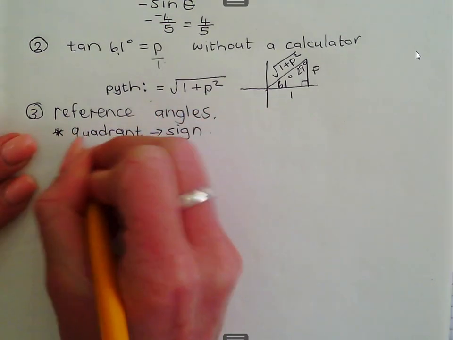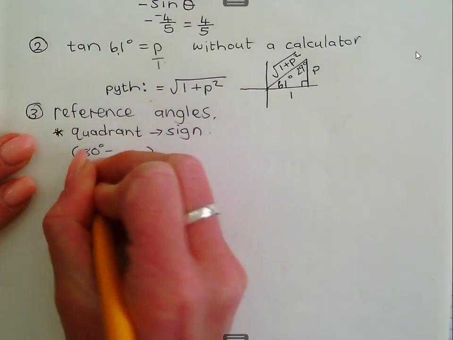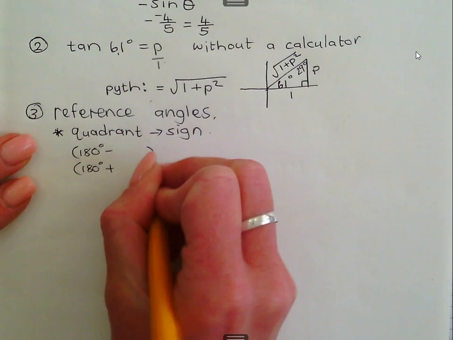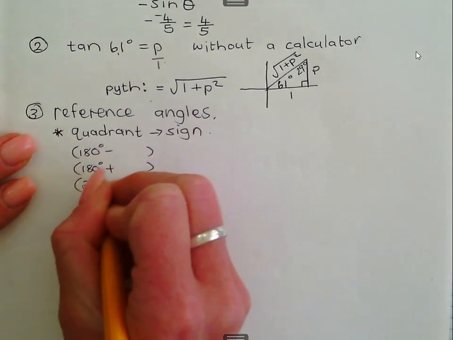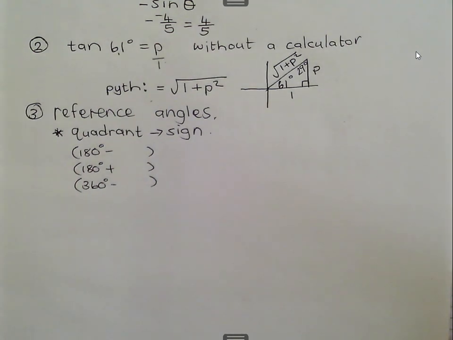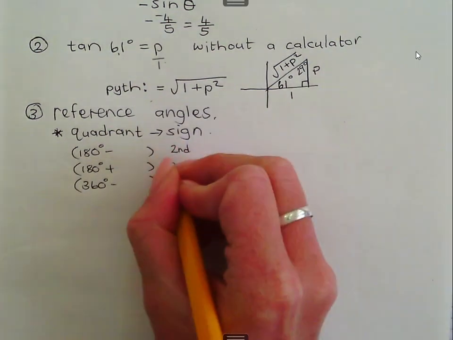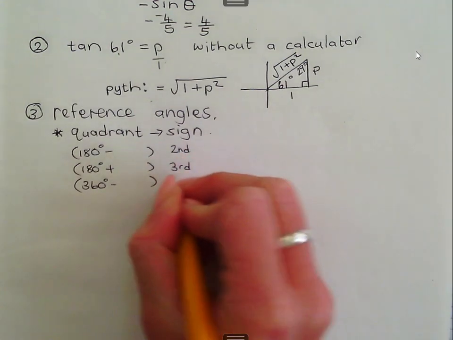So you can have 180 degrees minus whatever, 180 degrees plus whatever, and 360 degrees minus whatever. We can have 360 plus, but you know that's in the first quadrant. So 360 and 0 there is the same. So this one puts me in the second quadrant, this one puts me in the third quadrant, this one puts me in the fourth quadrant.